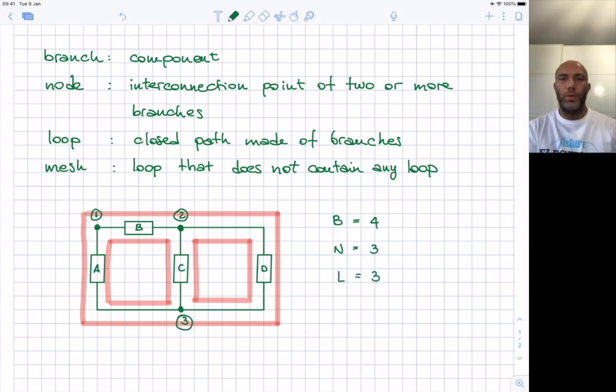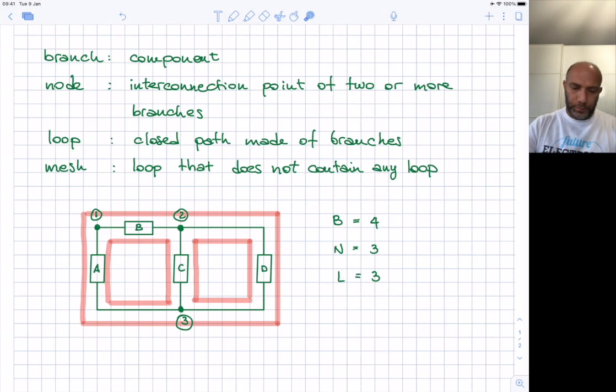Now, if we want to consider the number of meshes, we have to identify among these loops which ones do not contain any inner loop. So, for sure, the first two loops that we have mentioned, the loop made by A, B, and C, and the loop made by C and D, for sure do not contain any inner loop. So these two can also be considered as a mesh.